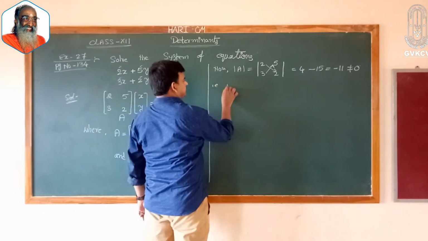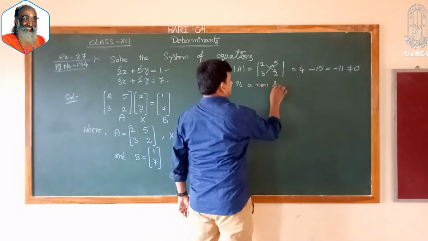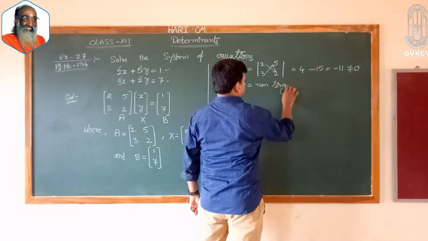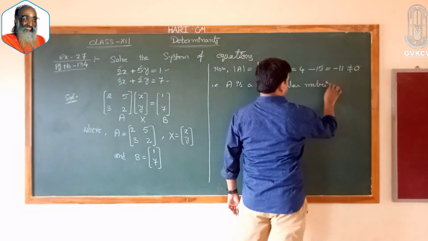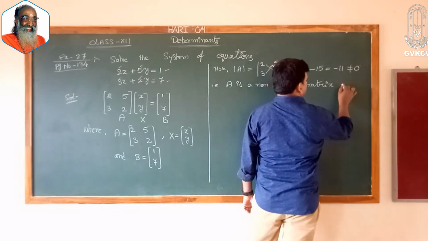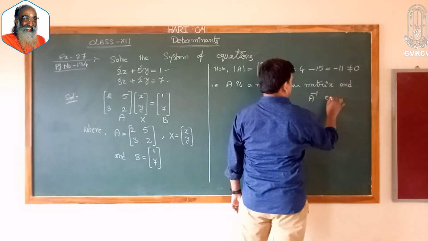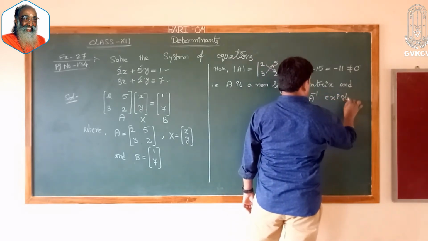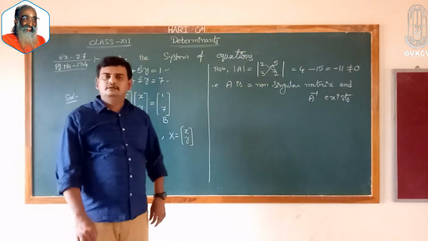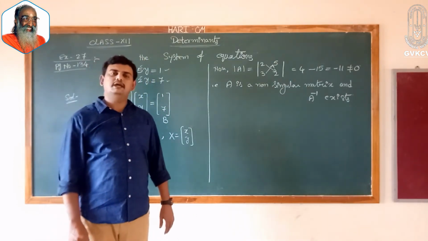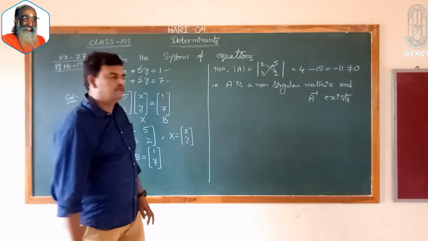That is, A is a non-singular matrix and A inverse exists.